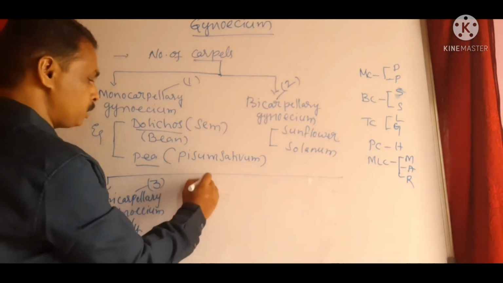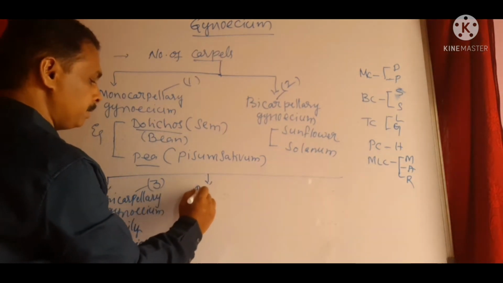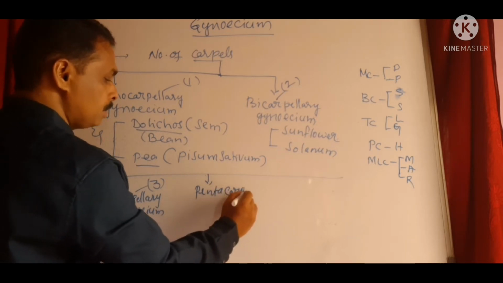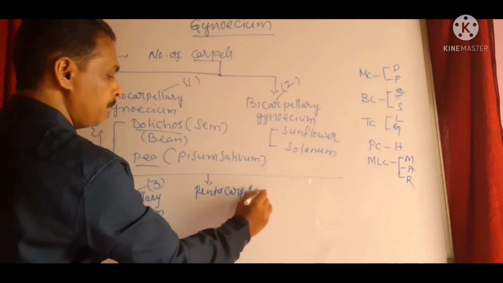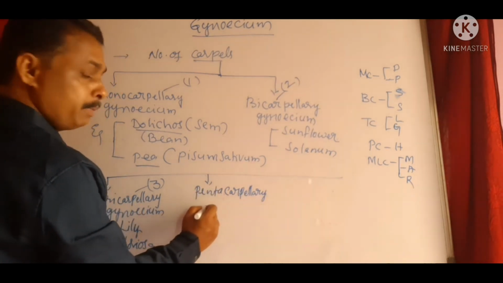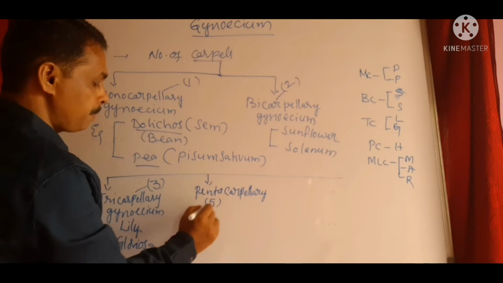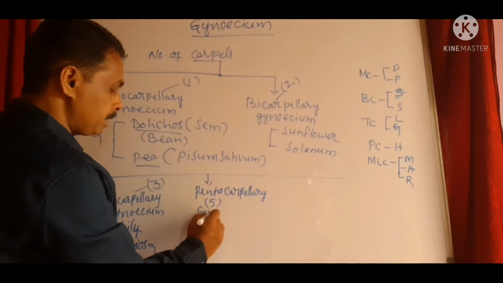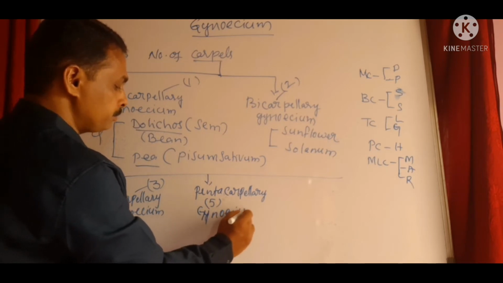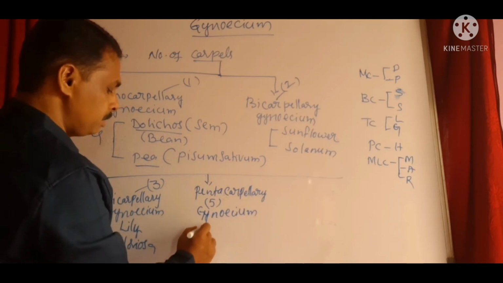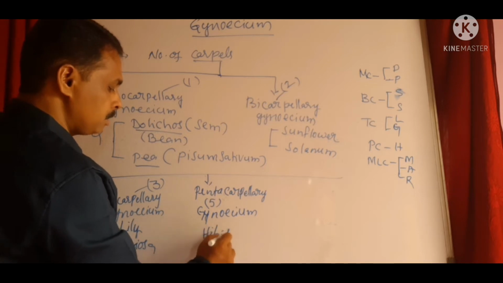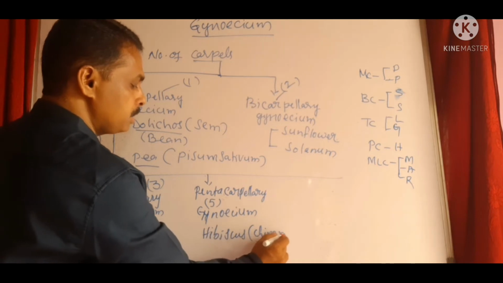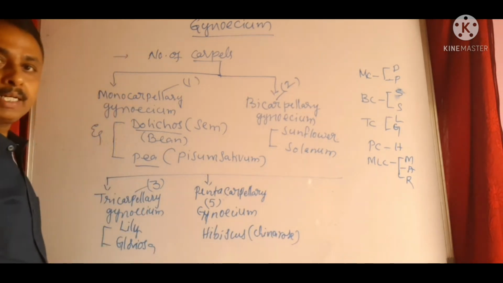And the next one is pentacarpellary, where the number of carpels is five. That gynoecium is called pentacarpellary gynoecium. Examples are Hibiscus, China rose.